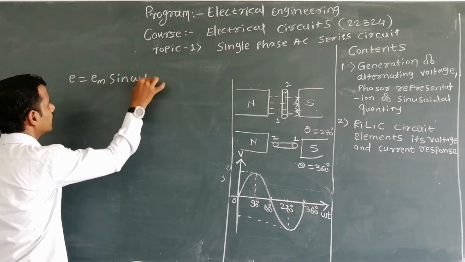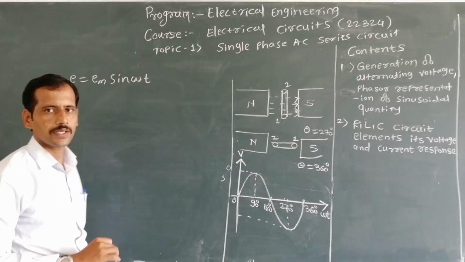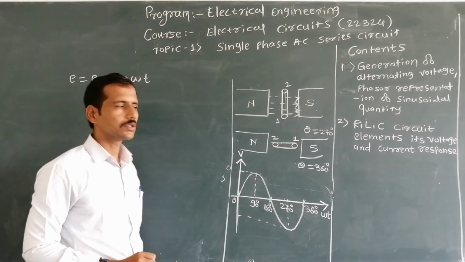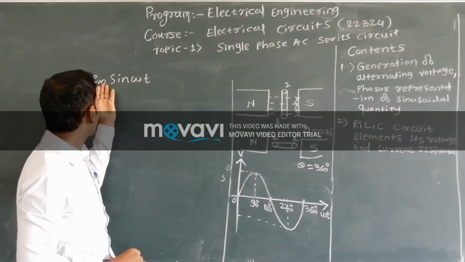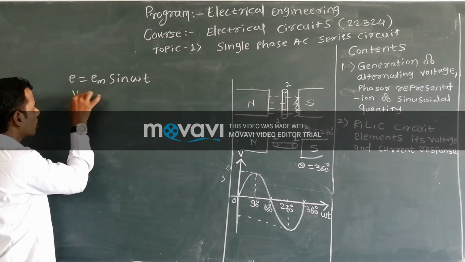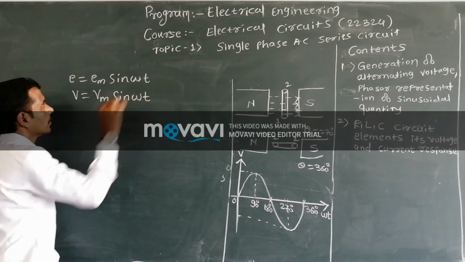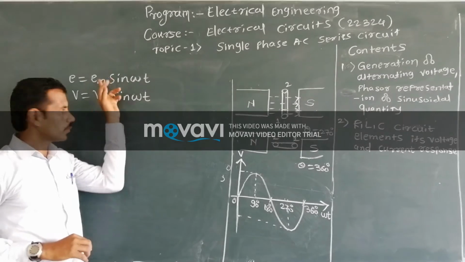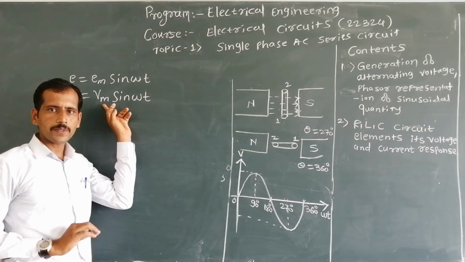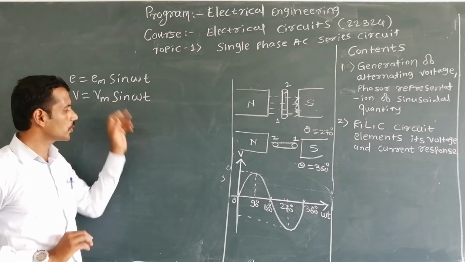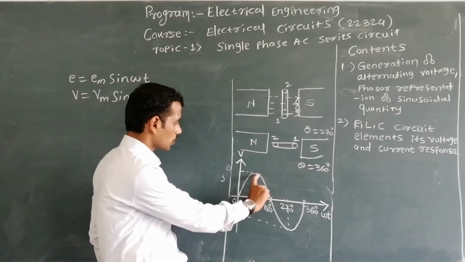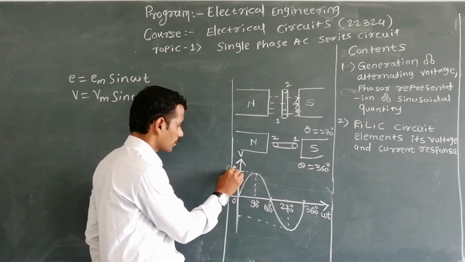This is the standard sinusoidal equation of induced voltage, E equal to Em sin omega t or V equal to Vm sin omega t. So here Em or Vm represents maximum induced voltage.